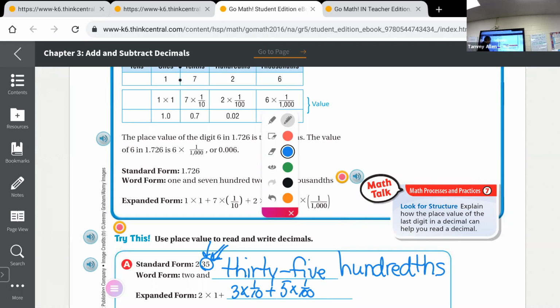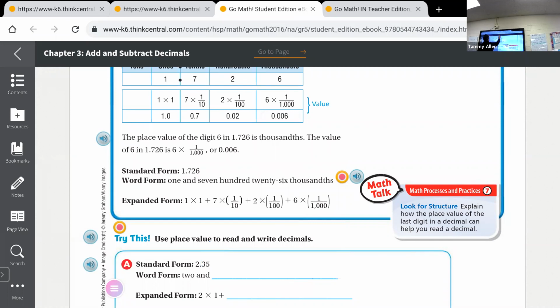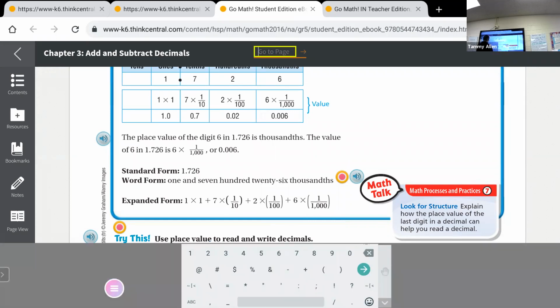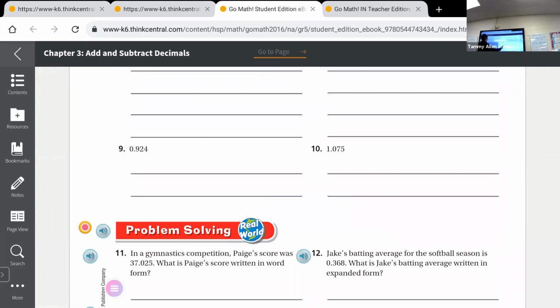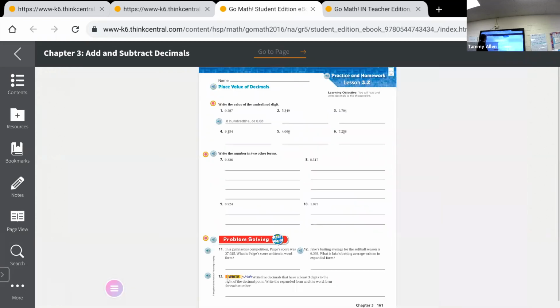Let's take a look at page 161, please. Okay, in 2 through 6, you're just naming the place value. In 7 through 10, expanded and word form.